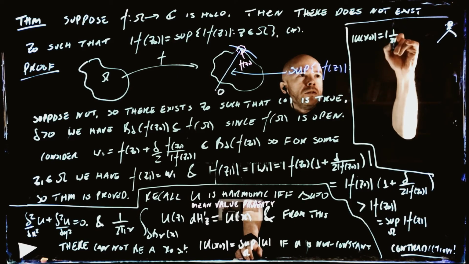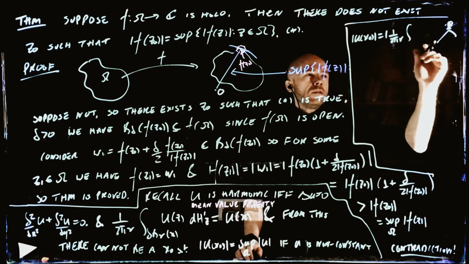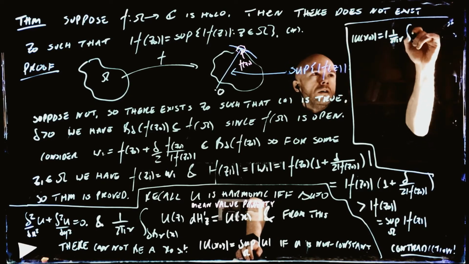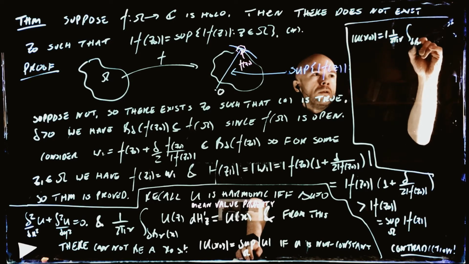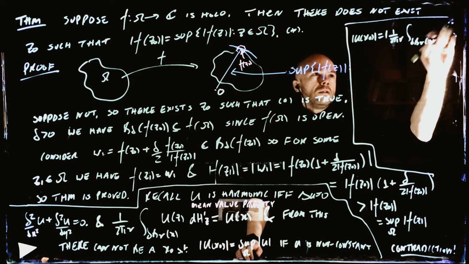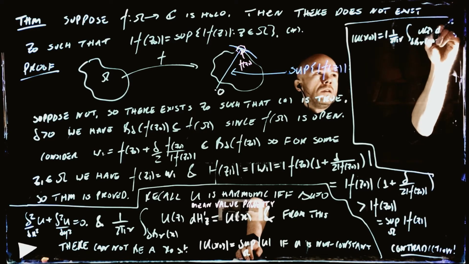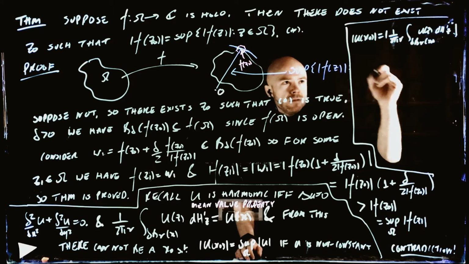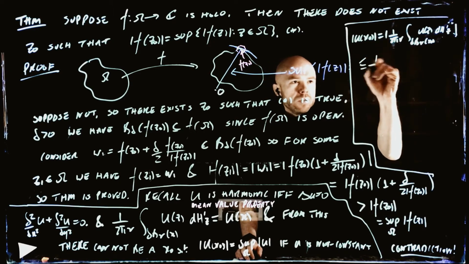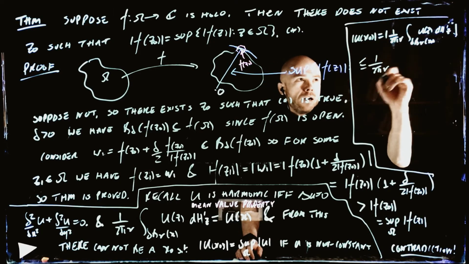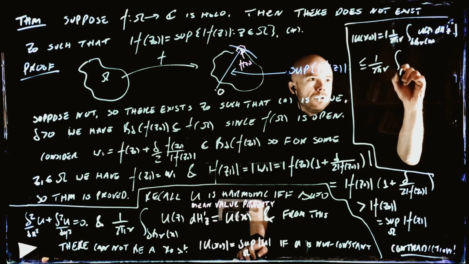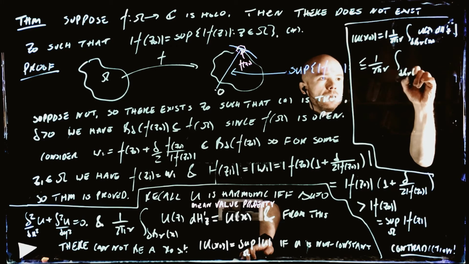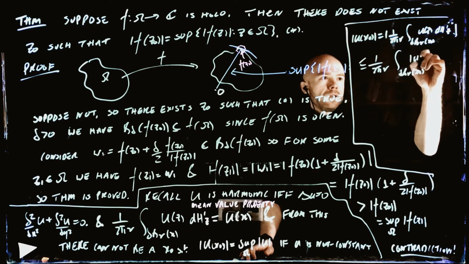So 1 over 2 pi r, the integral, I have to redraw it again a third time, the integral around the boundary of the ball of radius r around x0 of u of z, dh1 of z, absolute value. Let's take the absolute value signs inside the integral. So we have 1 over 2 pi r, and then this integral like this.